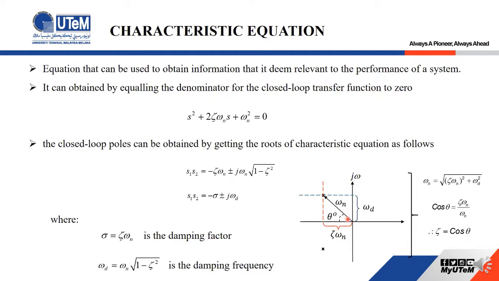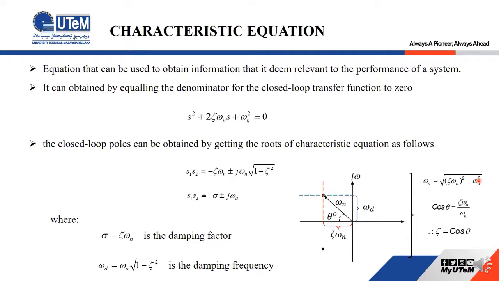From the values zeta omega n and omega d, we can calculate omega n by using the Pythagorean theorem. In order to obtain omega n, we can use this formula: omega n equal to the square root of (zeta omega n) square plus omega d square.